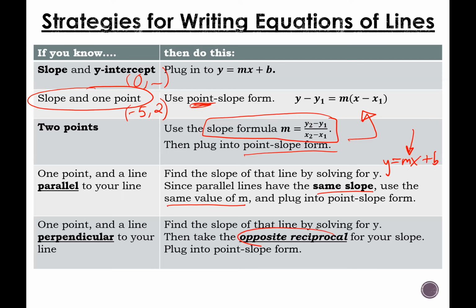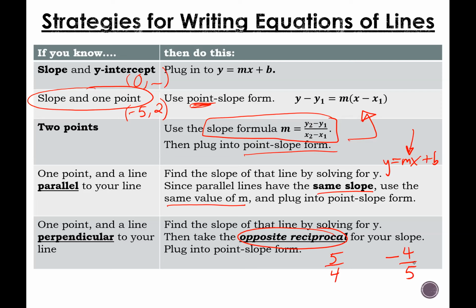So I want to just quickly remind us something you would have learned already about parallel and perpendicular lines. Parallel lines have equal slopes or the same slope. Perpendicular lines have opposite reciprocal slopes. So what does that mean? Well, for example, if one line has a slope of 5 over 4, then the other perpendicular line would have the opposite sign, so negative instead of positive, and then reciprocal means you're flipping the fraction.